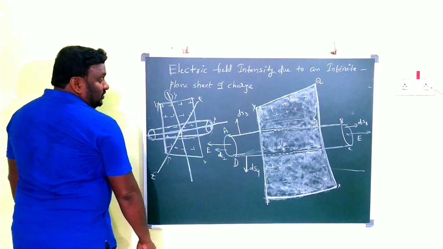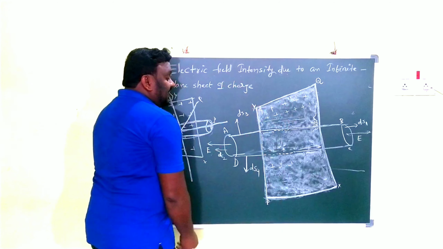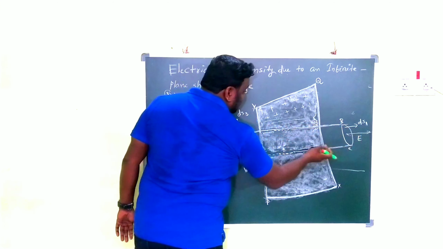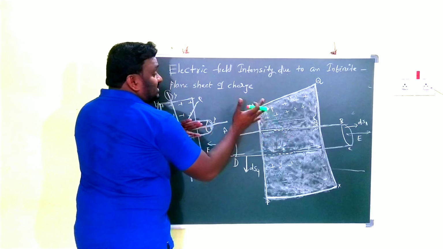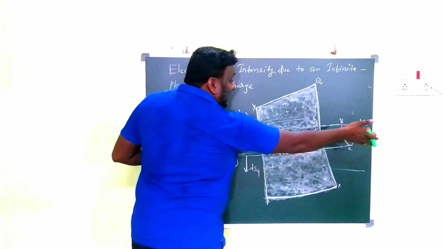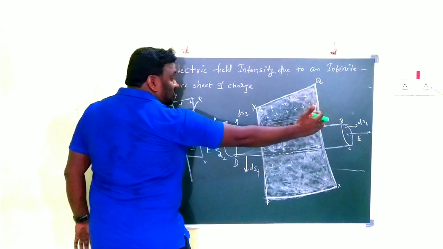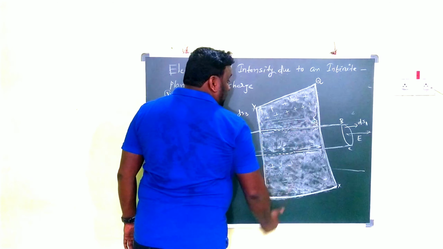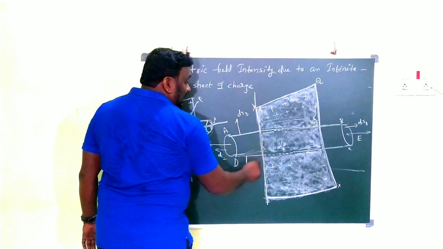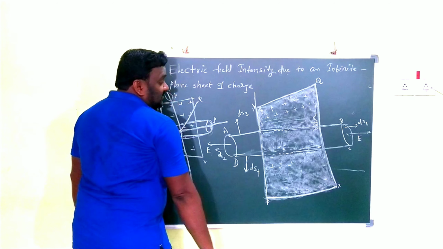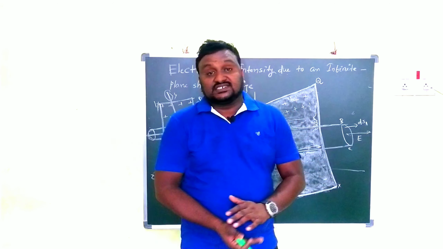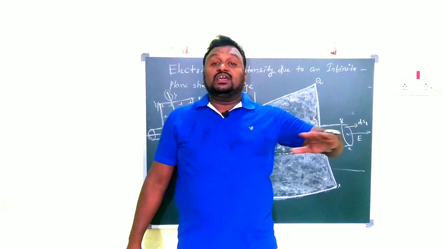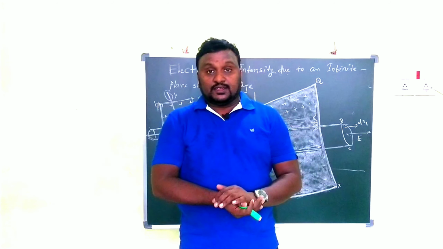Children, got my point? The cylindrical Gaussian surface is along the x-axis, that's why the flux will be along the x-axis only. There is no flux through the y and z axis.